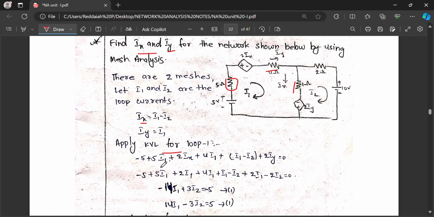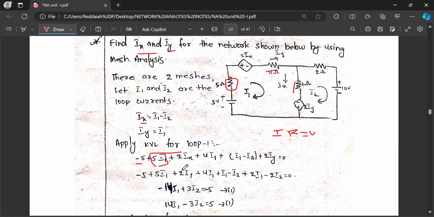Apply KVL for loop 1. If the voltage source is negative, all will be considered with a plus sign. Minus 5, plus 5 into I1. What is the voltage drop formula? I already told you, I into R. All voltage drops and voltages equal 0.